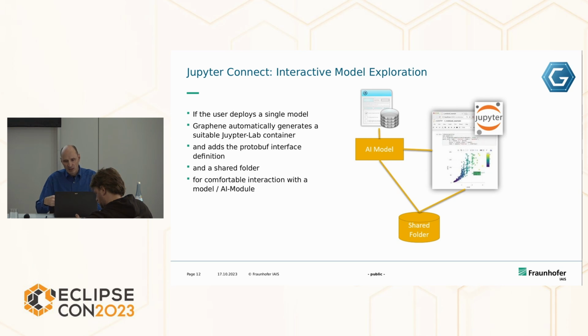There is even a notebook page automatically generated where the interface is included, the protobuf definition to look it up, and also an example how to access the model. And there's also automatically added a shared folder that enables access to a common data store for the model and for the JupyterHub. So this allows for easy interaction with maybe a foreign or still unknown model to the user.